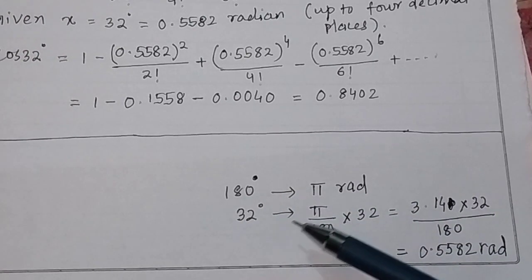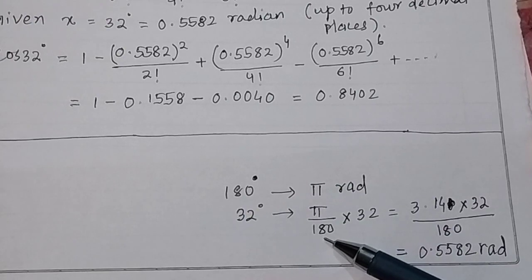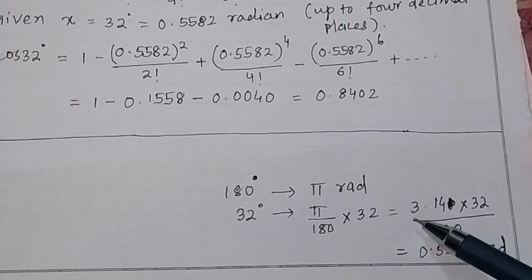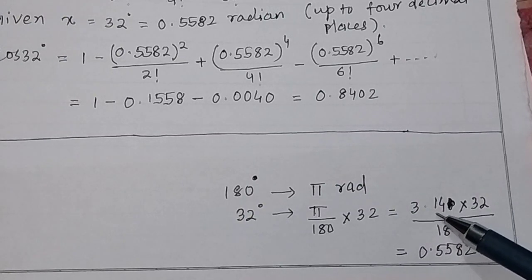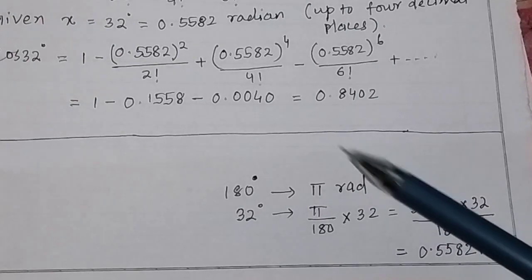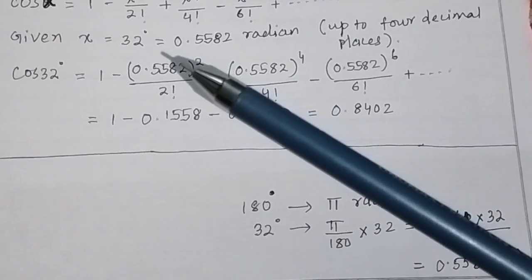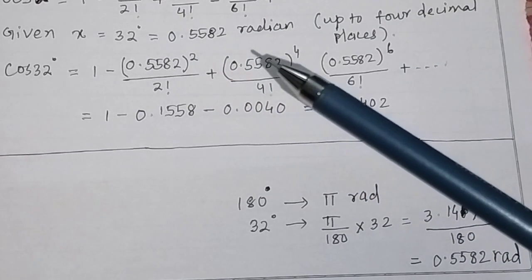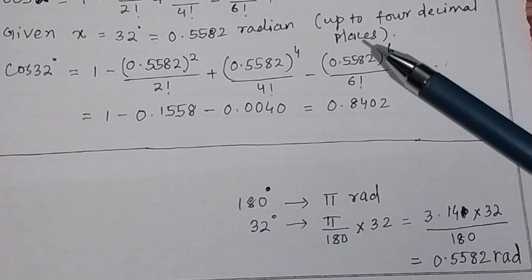So 32 degree will be equal to pi divided by 180 into 32. And what is the value of pi? The value of pi is 3.14, multiplied by 32 divided by 180. That will give you 0.5582 radian. So 32 degree will be equal to 0.5582 radian up to 4 decimal places.